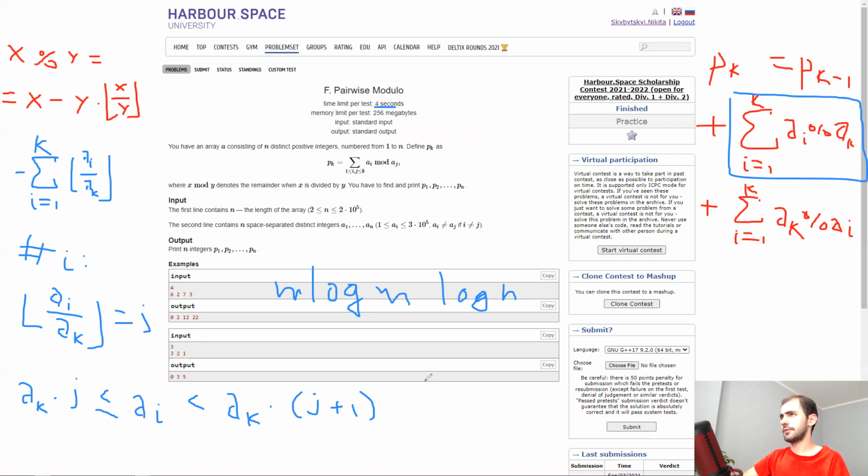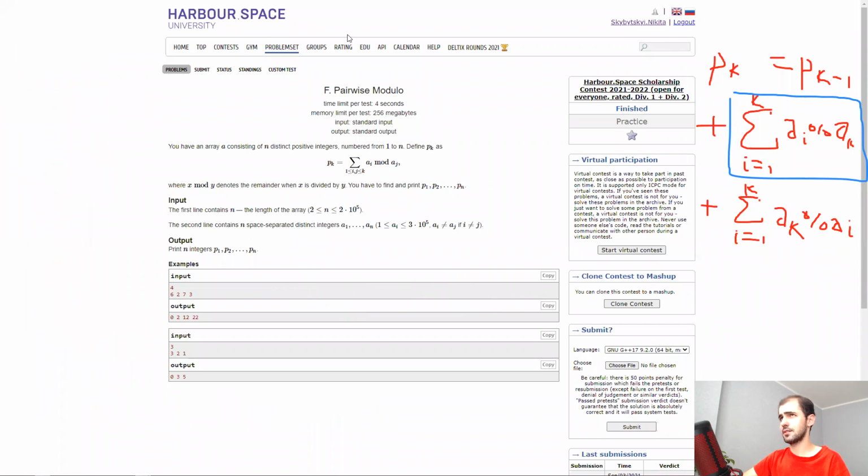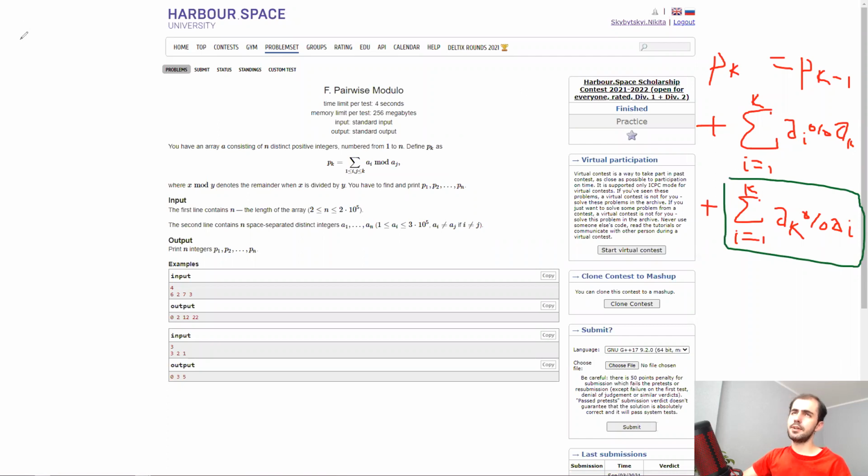So we kind of dealt with this sum. Once you do it, take a look at this, and it's more or less the same thing. So now let's take a look at this thing. We already said that we have to get rid of the modulo.